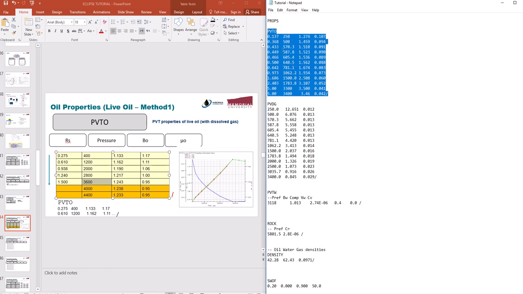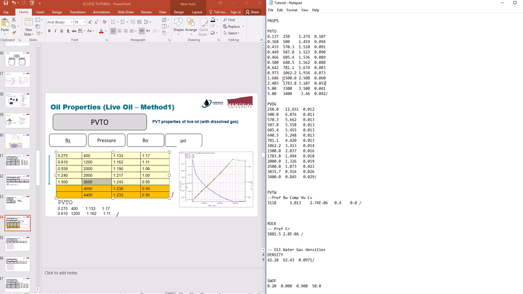If you are sure that your reservoir is a saturated reservoir, you don't need to have this section. But if your reservoir is going to be undersaturated, and then with declining pressure moves to the saturated section, you need to change this table.